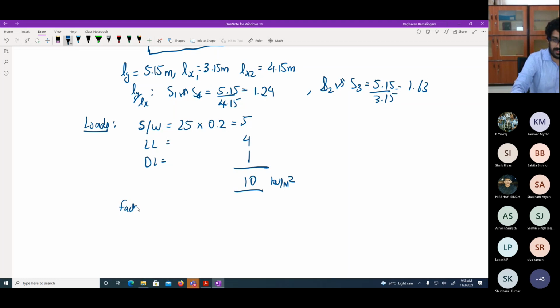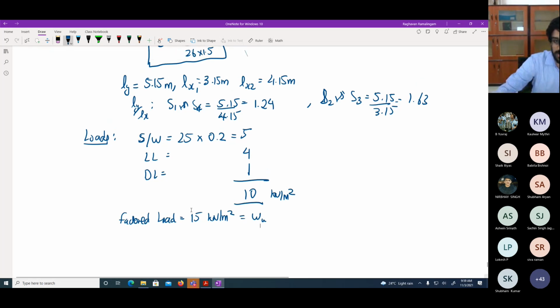So how much is the factored load? It is 15. So this is my W, not Wu. Right, now all this is done.